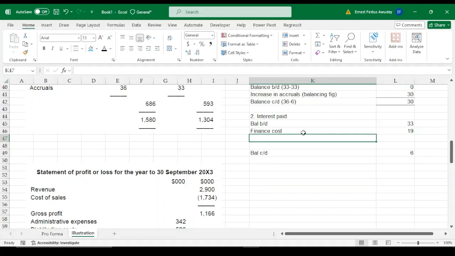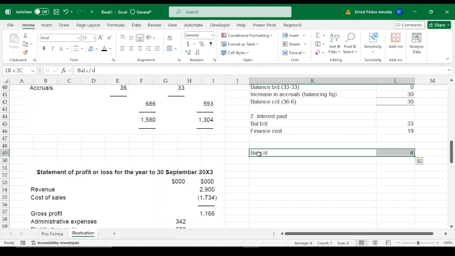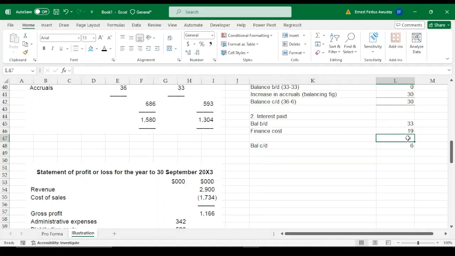Now that we have gotten these figures, what we're coming to do is to find how we got this balance of 6, and that balance becomes the cash payment for our interest. So how do we do that? At the end of the period, our interest balance is 6,000, so let me put that right there.